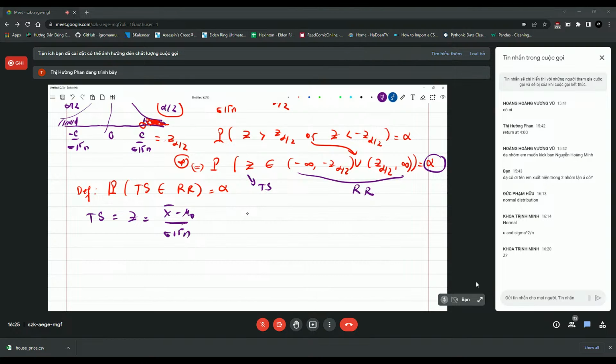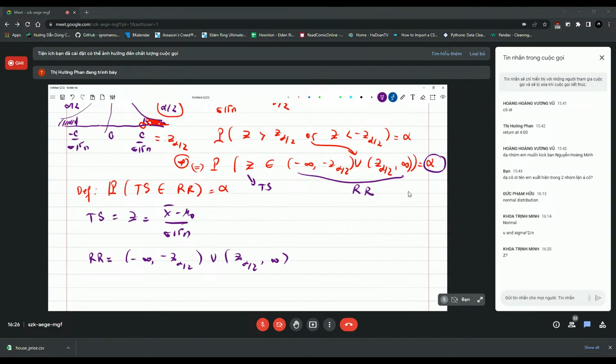X bar is the sample mean, which of course you calculate from the sample data. Mu 0 is given, sigma is given, and n is given. Hence, the value Z is the test statistic value. And the rejected regions equal minus infinity to minus z alpha over 2, union with z alpha over 2 to infinity. So we have done the procedure.